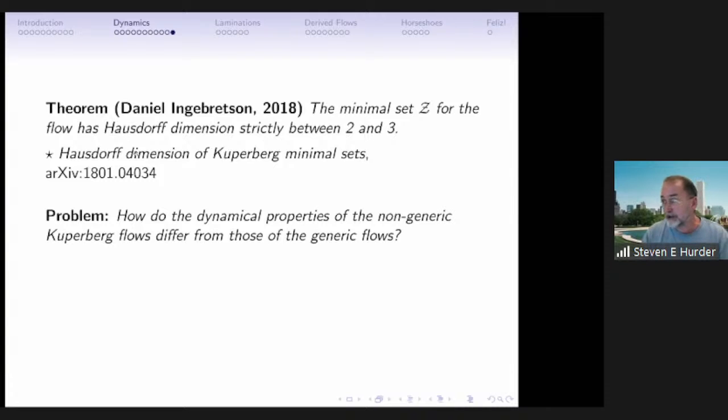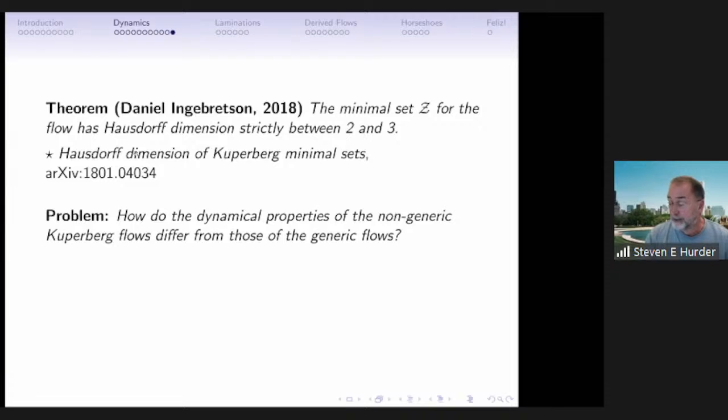So these are our results, and then the problem we didn't want to touch is what happens if it's not generic. Because there are a lot of flows you can build by changing the speed of the Wilson flow or by changing the shape of the insertion. And when you do that, the estimates that Anna and I used become problematic.